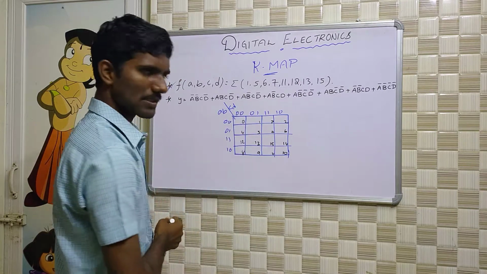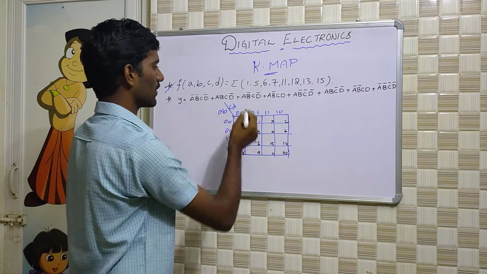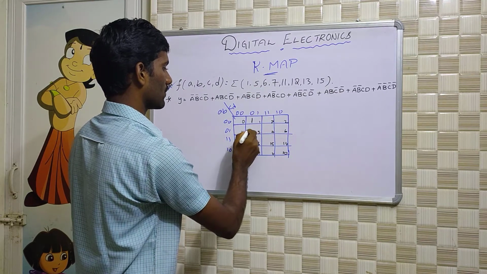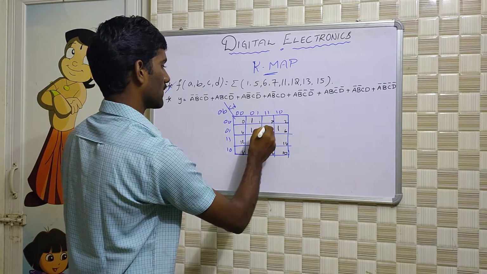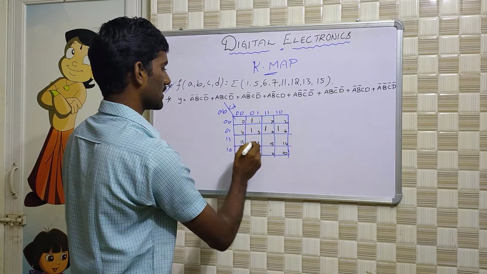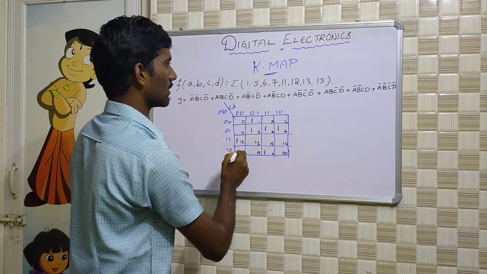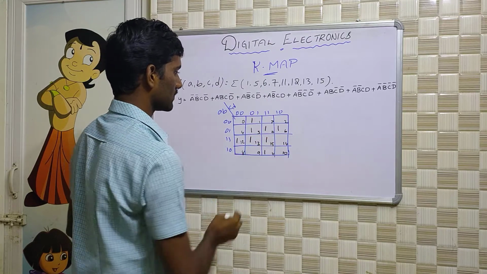Since it is a sum of products, we need to place ones in the respective cells: 1, 5, 6, 7, 11, 12, 13, 14, 15.